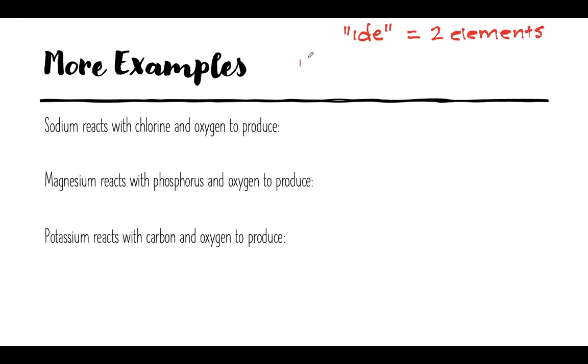If the ending is ITE or ATE, that tells us there are two elements plus oxygen. So let's keep that in our brains. So sodium reacts with chlorine and oxygen. Now that means, when we are naming the compound produced, the rules stay the same.